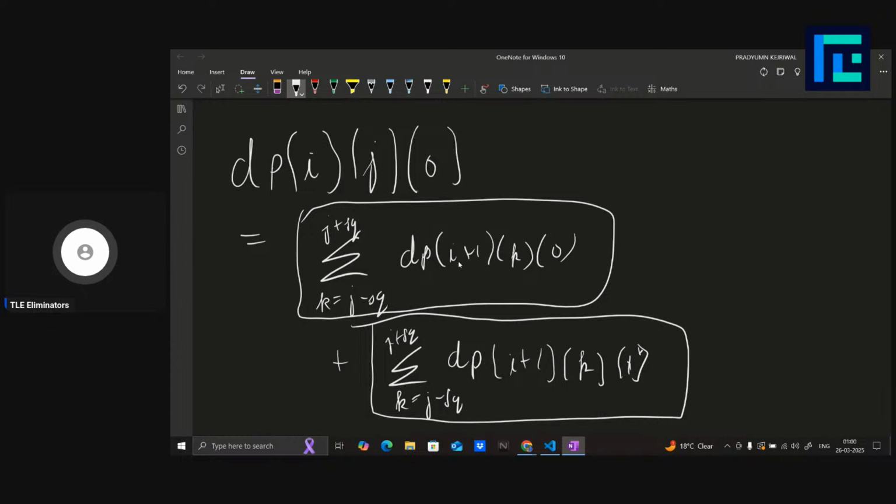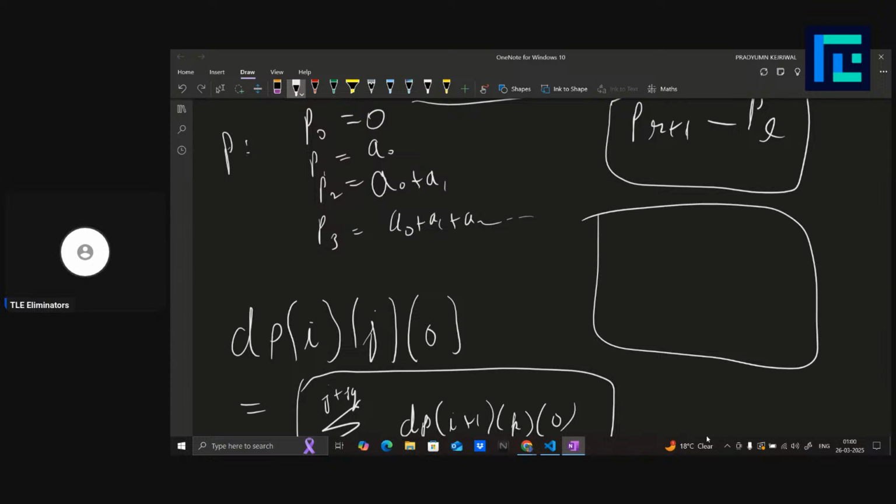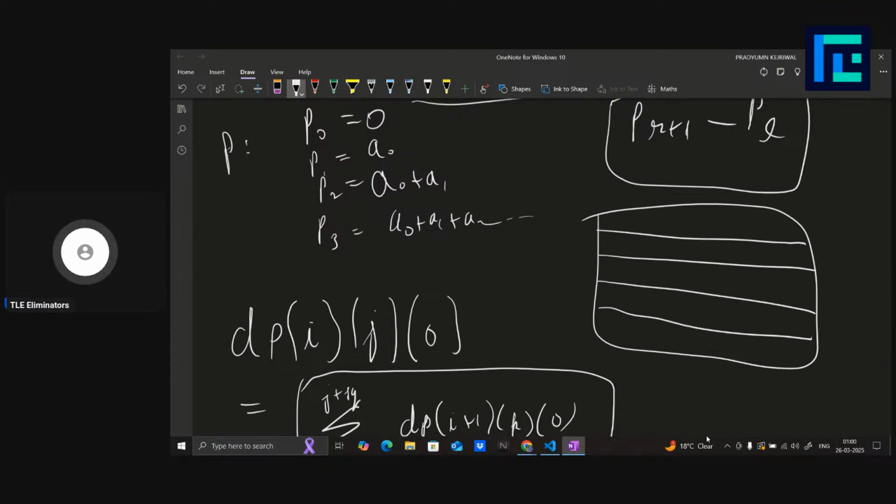Like whenever you are calculating this dp of I plus 1 k comma 0, what I'm saying is you are moving upwards in the matrix. So let's say you are done calculating this row, you have calculated the dp0 of this row, so just calculate the prefix sum of that, so you can use that in the next row's calculation.